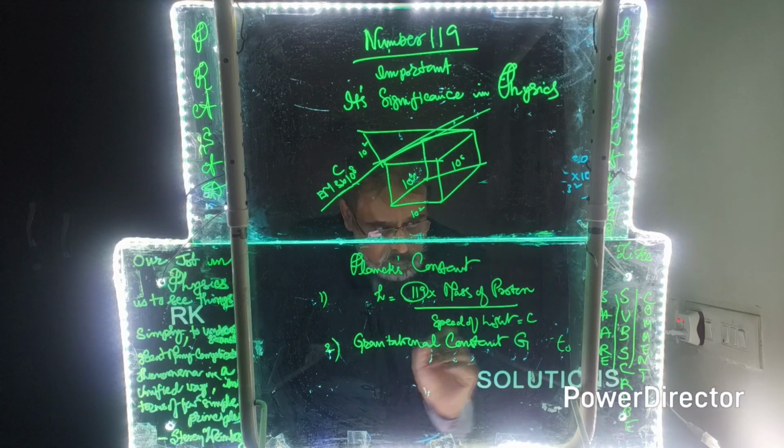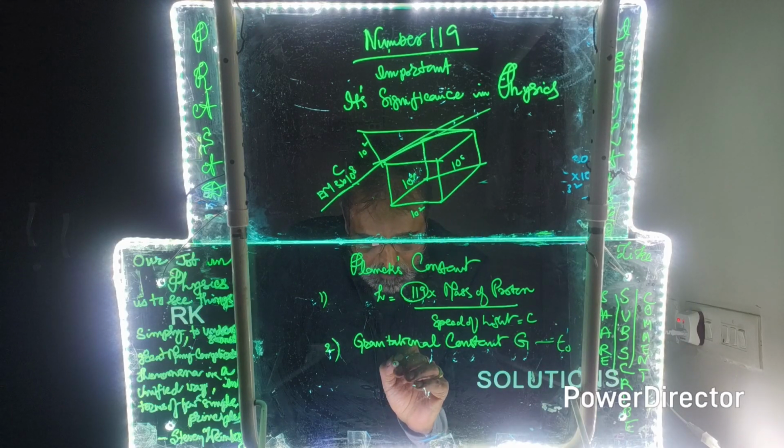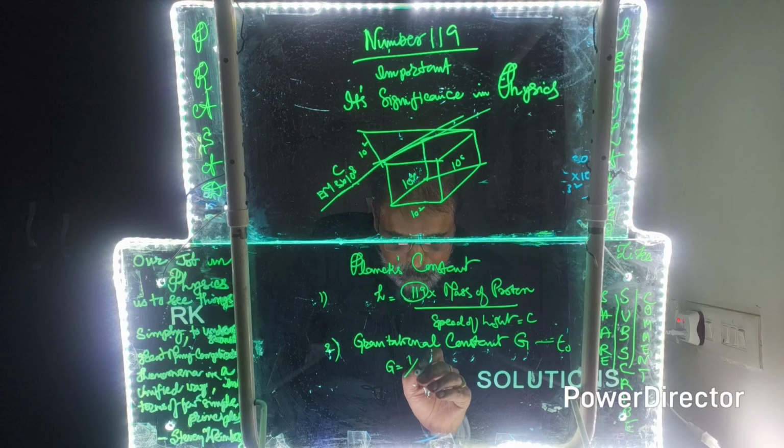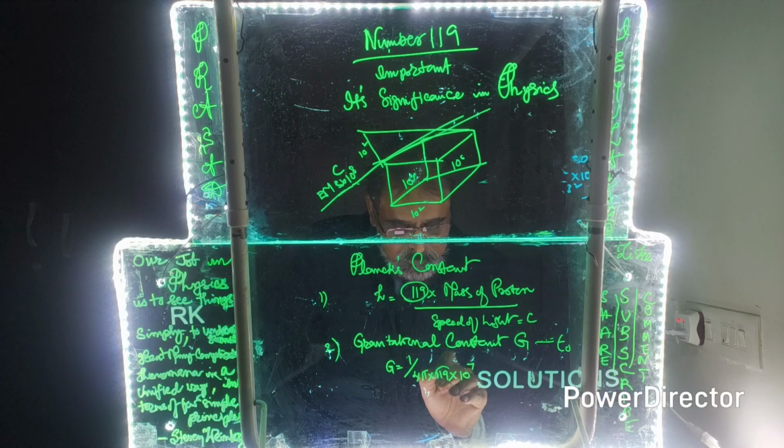I was comparing this with this, and I got G equal to 1 by 4 pi into 119 into 10 raised to 7. This is what I got. So this was the second time I got 119.